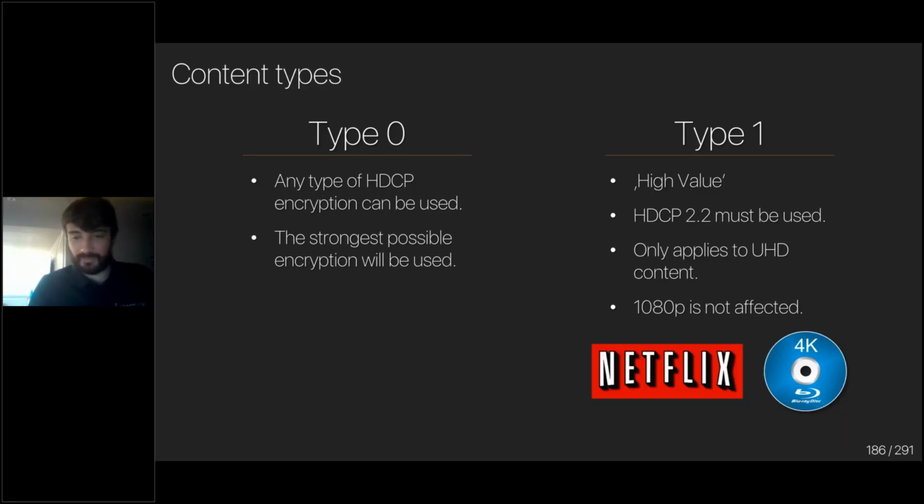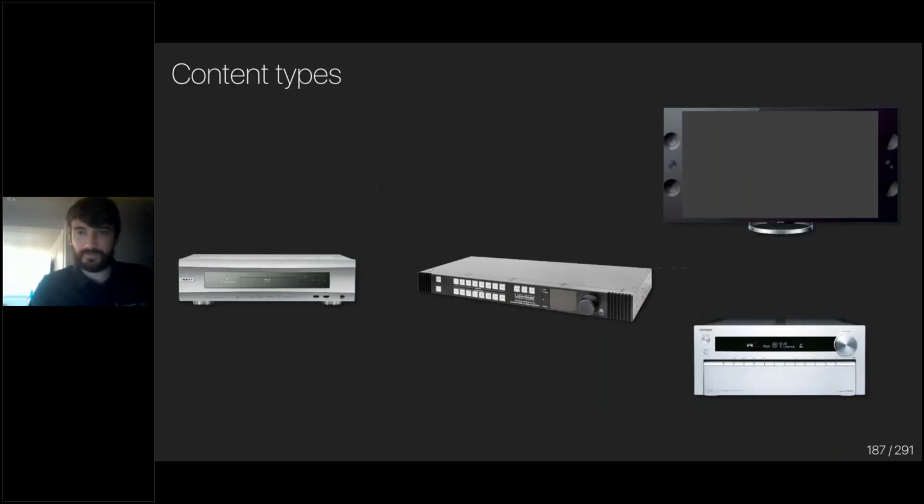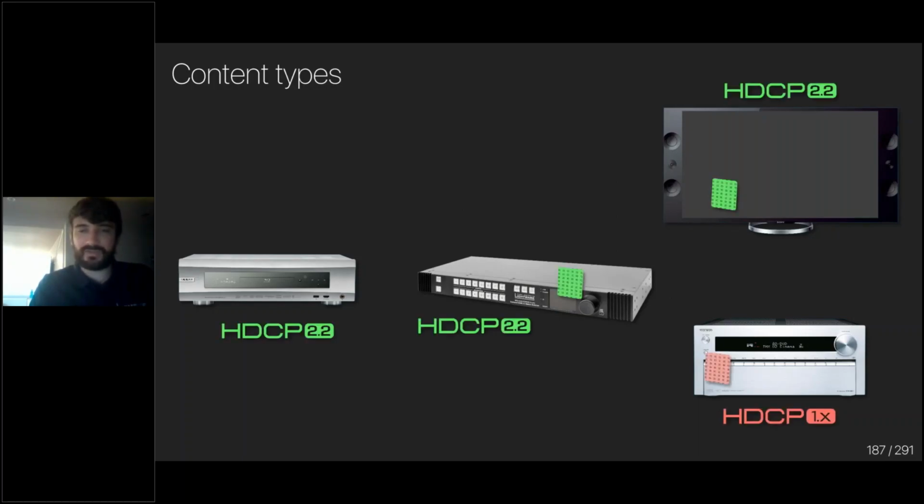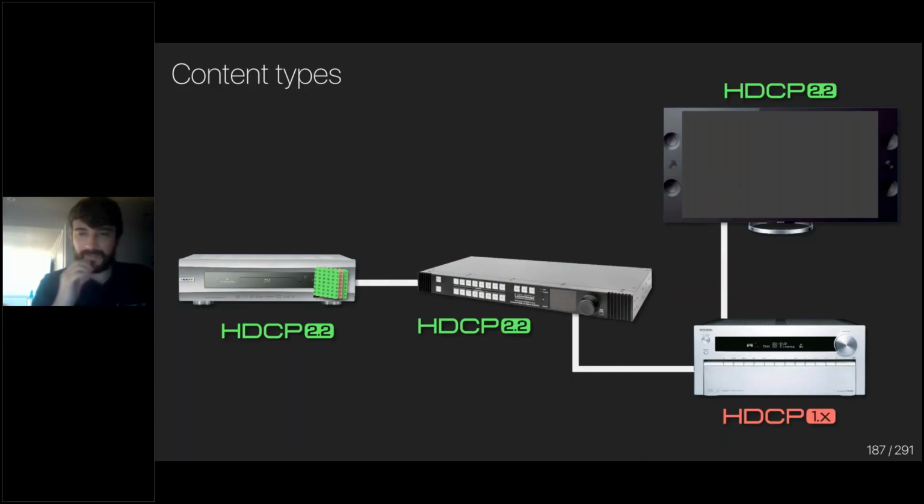So let's just look at a quick example. Let's say we have a system like this. We have a Blu-ray player, a Lightware MX2 matrix, a home cinema amplifier, and a UHD TV. All of the devices are 2.2 compliant except for the amplifier. We connect them all to each other. When you turn on, they do the handshake, they report back the keys.